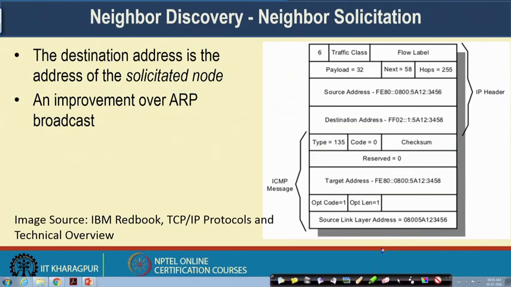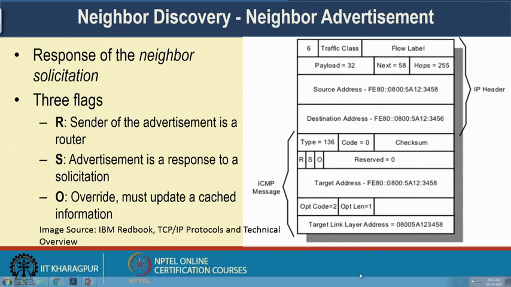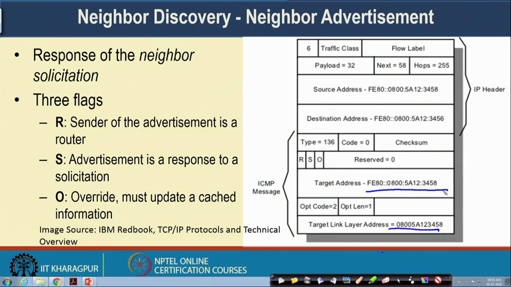Now, the response to the neighbor solicitation message is the neighbor advertisement message. In the neighbor advertisement message, you include the target IPv6 address and the corresponding target link layer address. So, this is the address for node B and you send the MAC address of node B in the neighbor advertisement message.